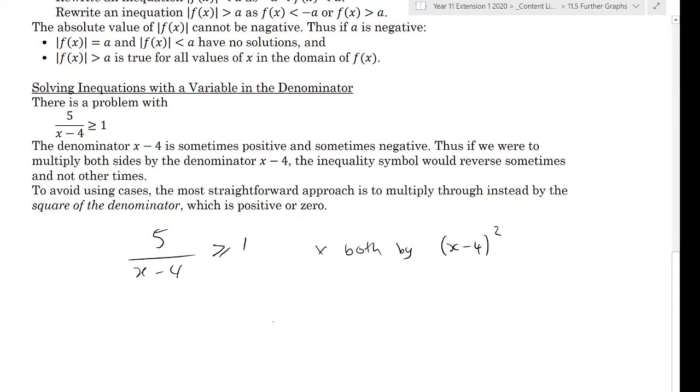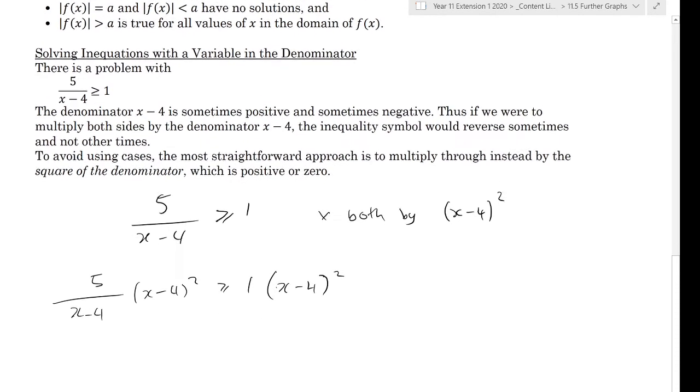Doing that, we get, might write this out algebraically actually, 5 over x minus 4 lots of x minus 4 squared is greater than or equal to 1 lot of x minus 4 all squared.